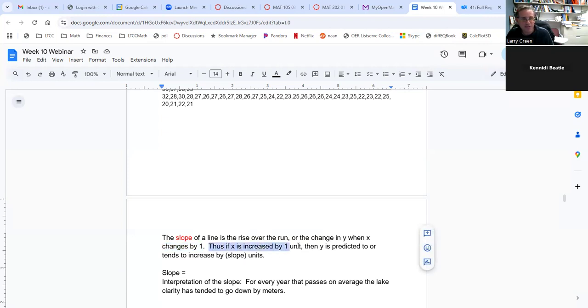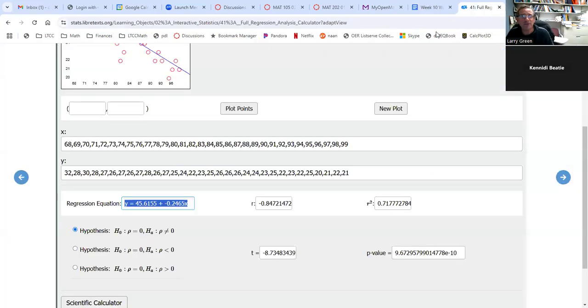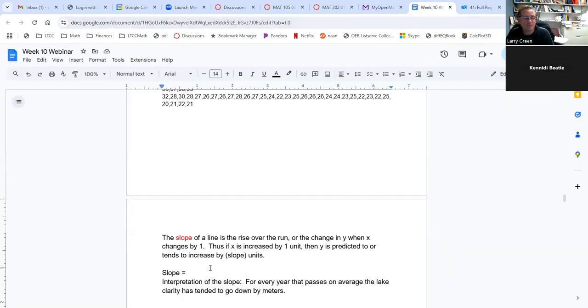Okay? And so we can think of x changing by 1 and y changing by the slope. So if x is increased by 1 unit, then y is predicted to or tends to increase by whatever the slope units are. Now, for our example, the slope was negative 0.25 about. And I'm going to write it over 1. So the numerator is the change in y, which is the change in lake clarity.